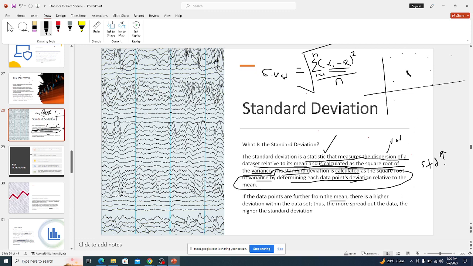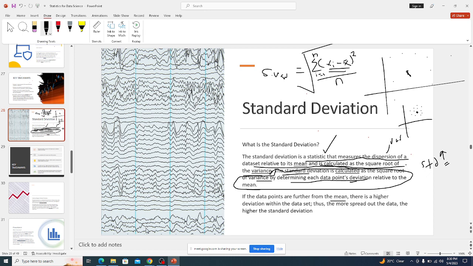Of course the standard deviation will be high. But if the data points are close to the mean, then we will get a smaller standard deviation value.